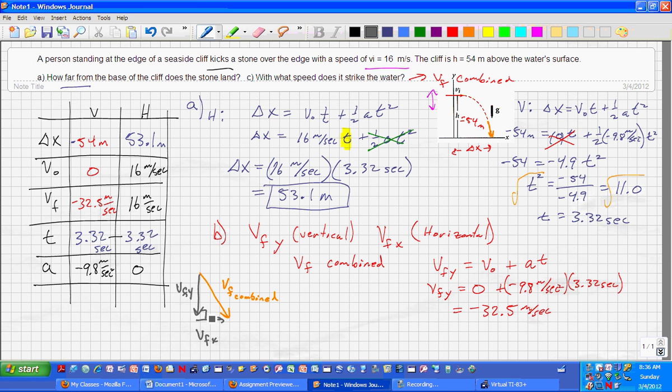So I'd call up Pythagoras, and Pythagoras would tell me that a squared plus b squared equals c squared. So I take my VFY, negative 32.5, and square that, plus the VFX, which is 16, squared, and that's going to give me c squared.